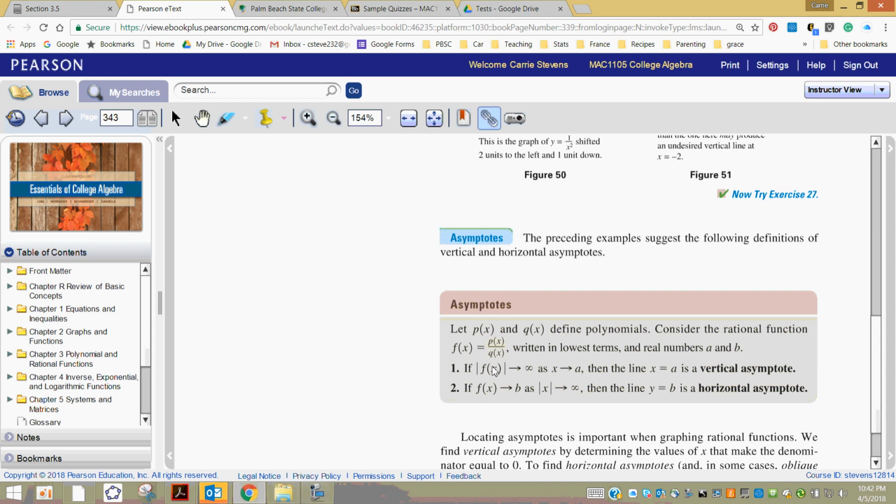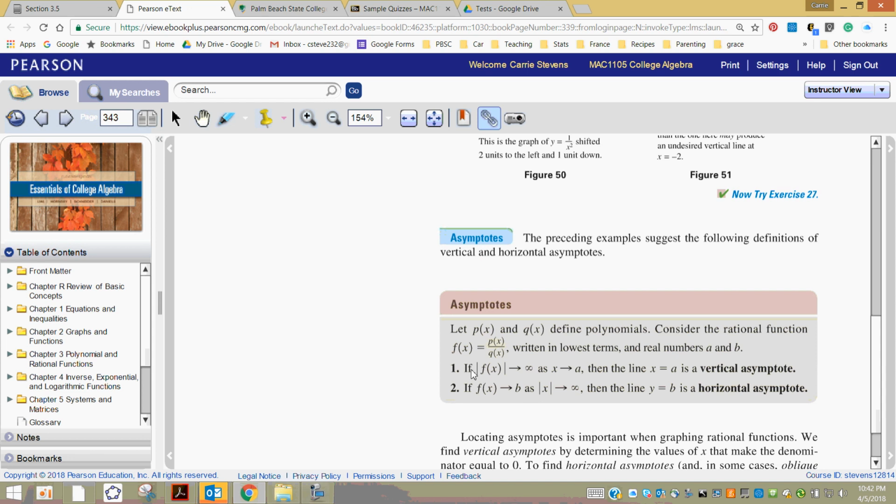And so it says as the absolute value of y gets larger, then the line x equals a is a vertical asymptote. And if f of x, y approaches a constant b as the absolute value of x approaches infinity, then y equals b is a horizontal asymptote.